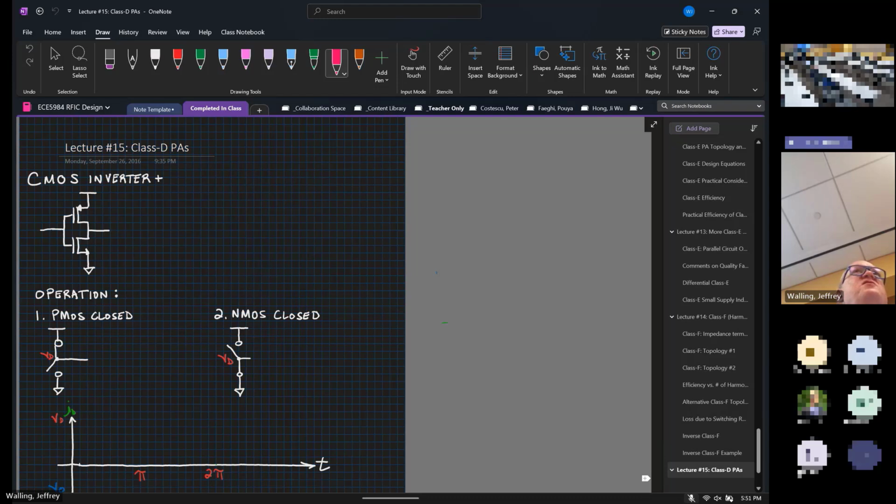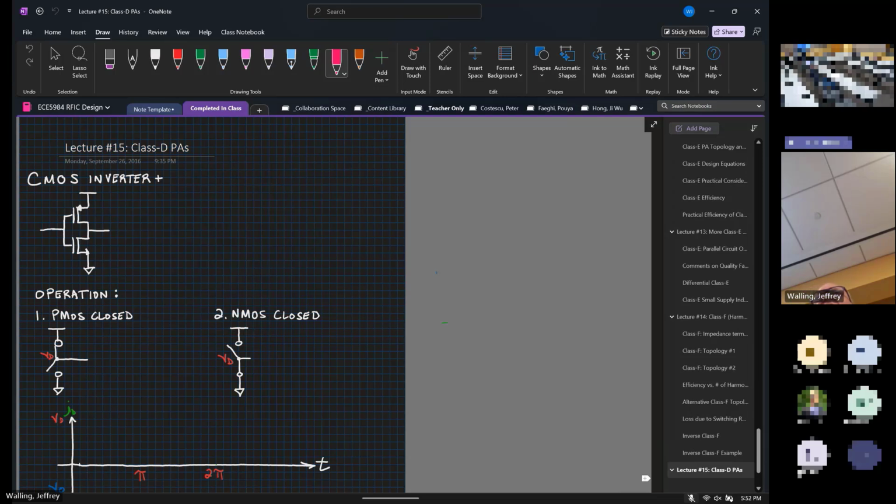There's one called a class G. That's where I use a supply modulator in the network. That's a discrete supply modulator, so I have a supply modulator that might have steps in it. So might step from 1 volt to 2 volt for the supply voltage and so on, depending upon how big the envelope is. There's one called class H, which would be if I had a continuously adaptable supply modulator, so I could continuously adapt the supply voltage that's being provided through the PA.